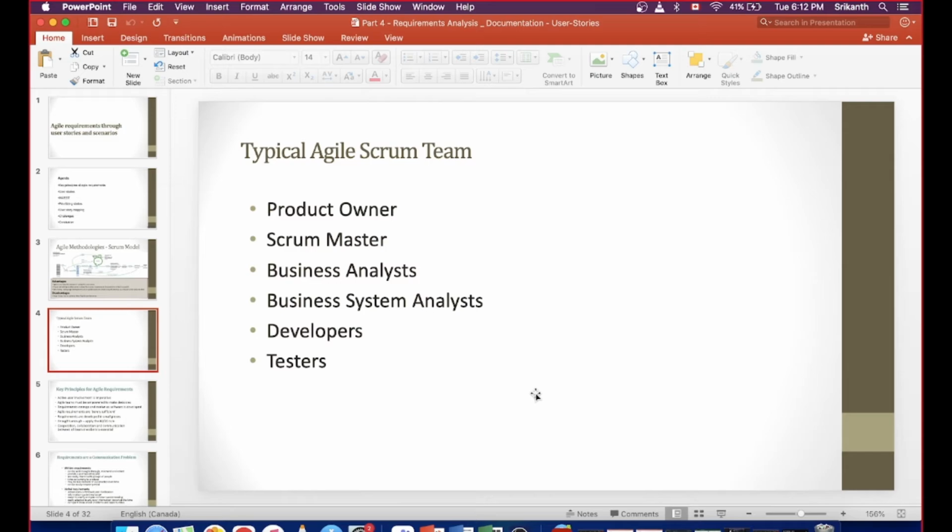And after that you will have the scrum master, and a product owner can be handling multiple teams. Let's say you have a banking application and he is knowledgeable about everything, like personal banking and credit cards, and there are two scrum teams, one working on the personal banking side and the other on the credit card side. Sometimes the product owner can be the product owner for both teams.